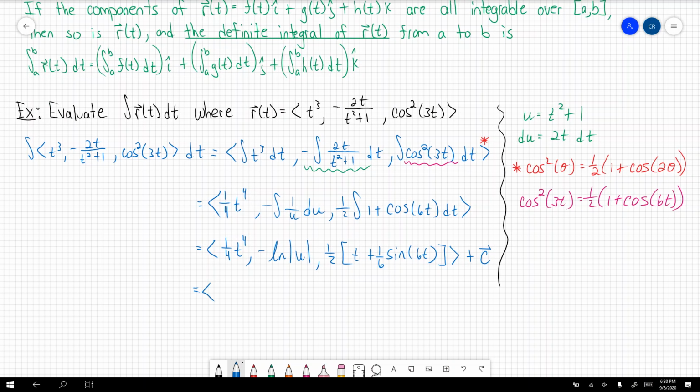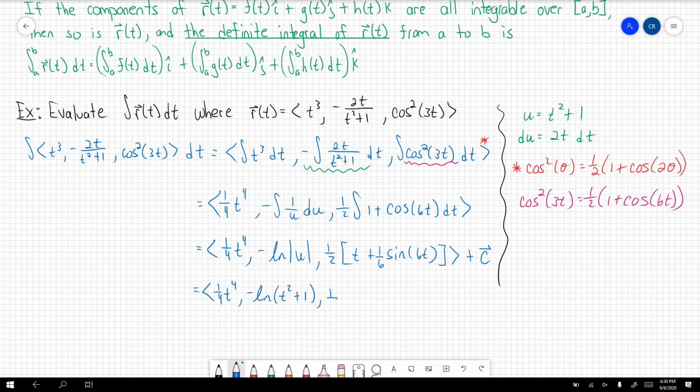Once we're able to do this, let's go ahead and clean all this up. My first component is still 1/4 t to the 4th. My second component is now negative natural log of the absolute value of u. So u is t squared plus 1. Notice t squared plus 1 is always going to be positive, so I don't need to write the absolute values. It would be a little bit redundant. I mean, if you want to write them, that's perfectly fine.